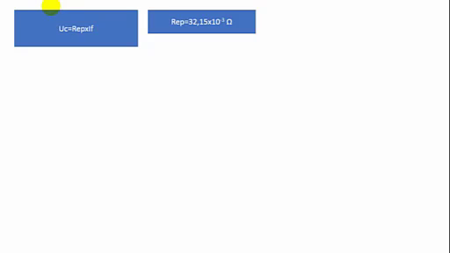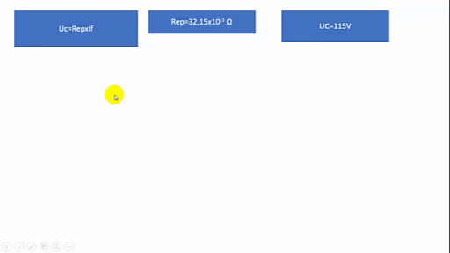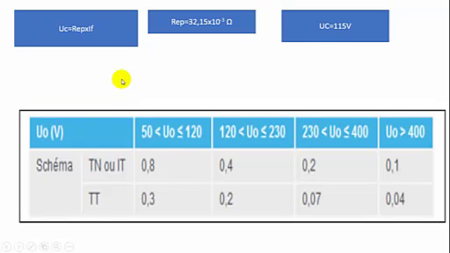Okay, so we can determine the maximum disconnection driven times by the standards. We have a contact voltage equal to 150, between 50 and 120, and in the diagram we have TN. So the driven time Tc should be less than 0.8.